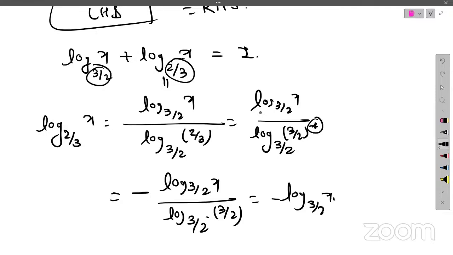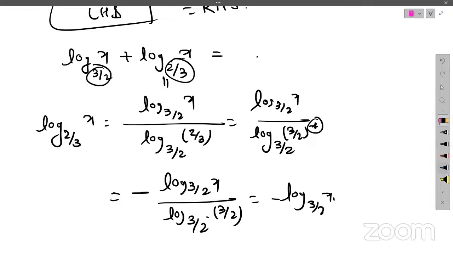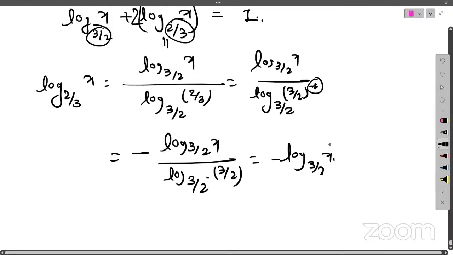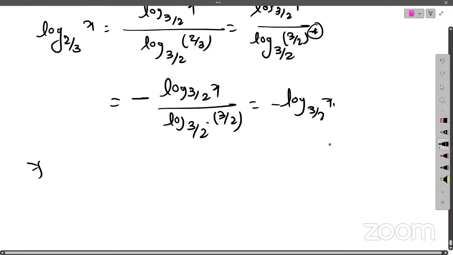So ultimately, suppose I have something like log base 3 by 2 of x plus 2 times log base 2 by 3 of x, the whole squared, equal to 1. Now we can substitute whatever calculation we have done.